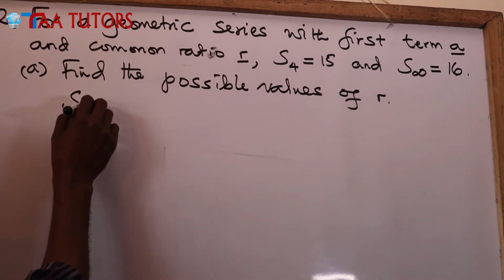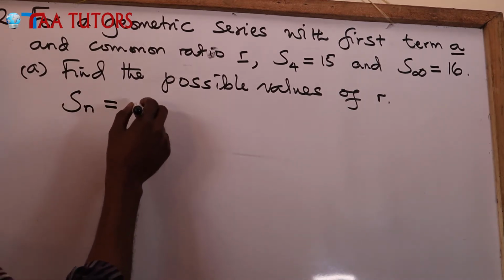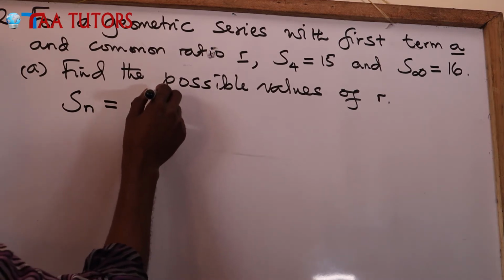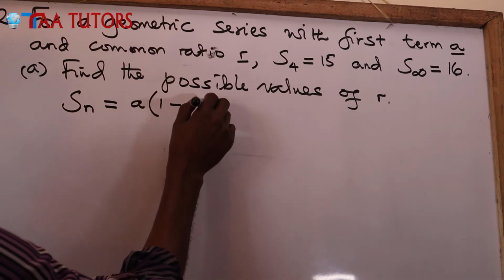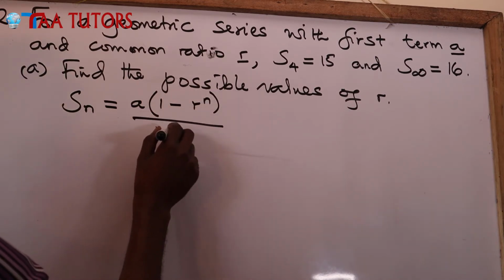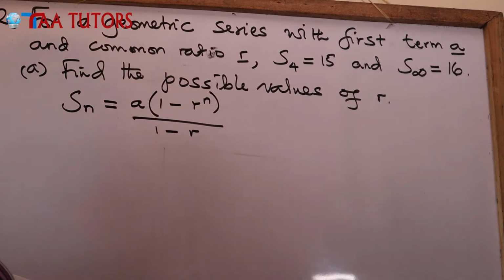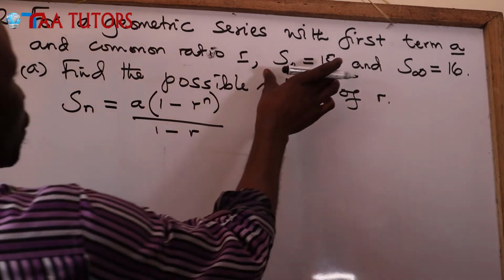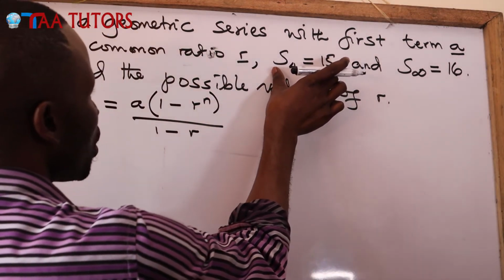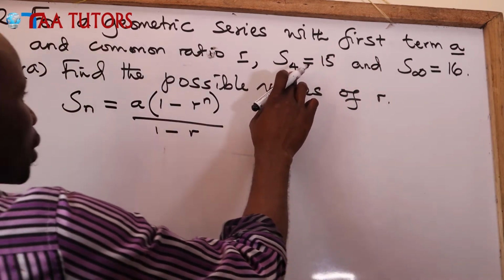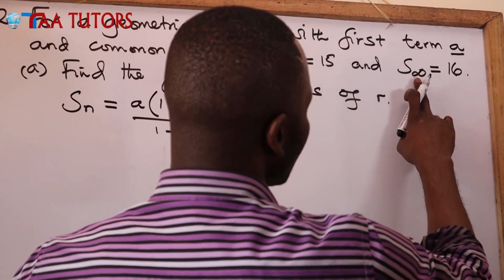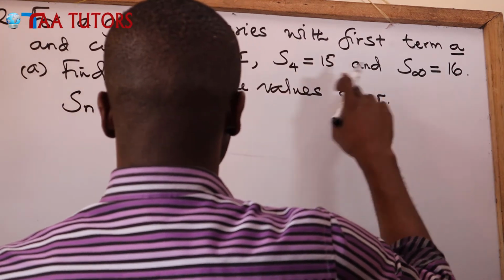We know the sum of n terms is normally given as a into 1 minus r power n over 1 minus r. Remember we are going to use this formula, because this one is the sum of a finite number of terms, 4 terms, but this one is the sum to infinity. So we are going to use this for question 2.